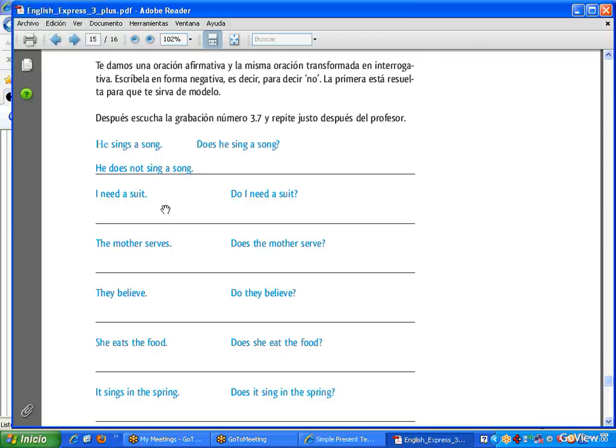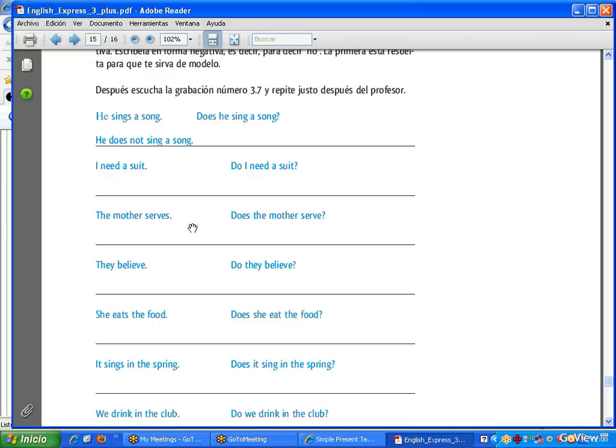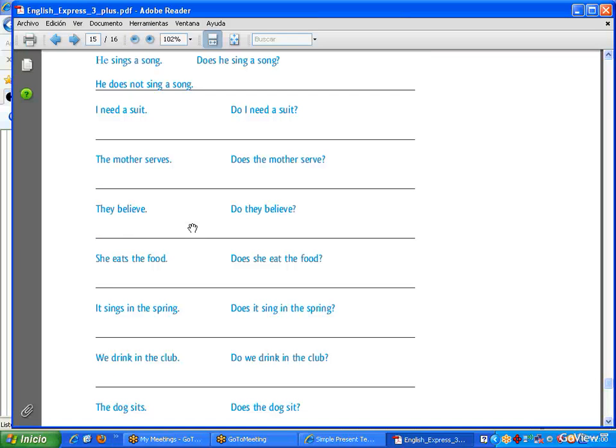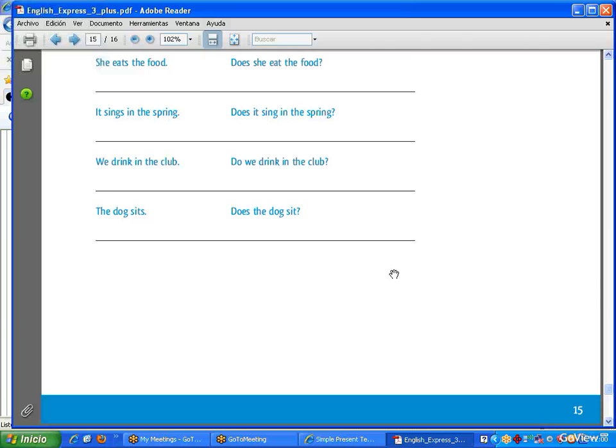Okay, you understand the structure? Do those exercises, and by the end of this, you will understand how to make questions and how to make negatives. Okay? Let's look at the last one. They ride a train. Do they ride a train? No. They do not ride a train.